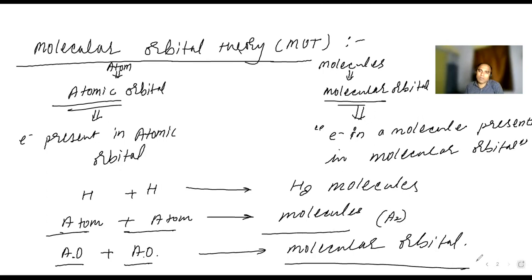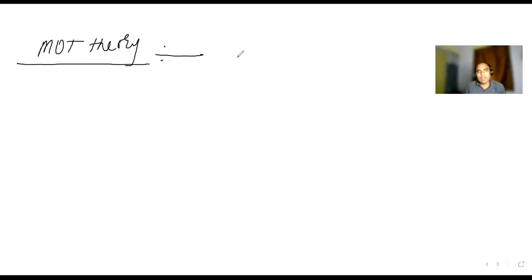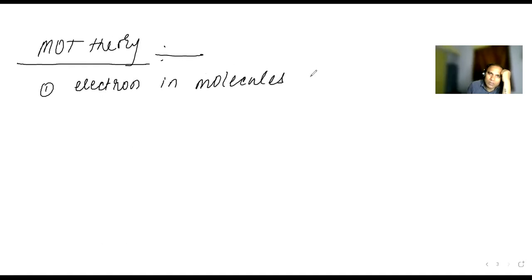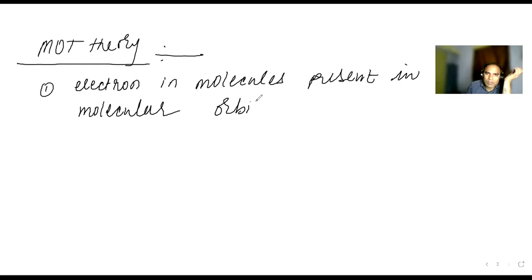So now let us see the molecular orbital theory. If you are talking about MOT, how can you understand it? First point: electrons in molecules are present in molecular orbitals. This is the first point.